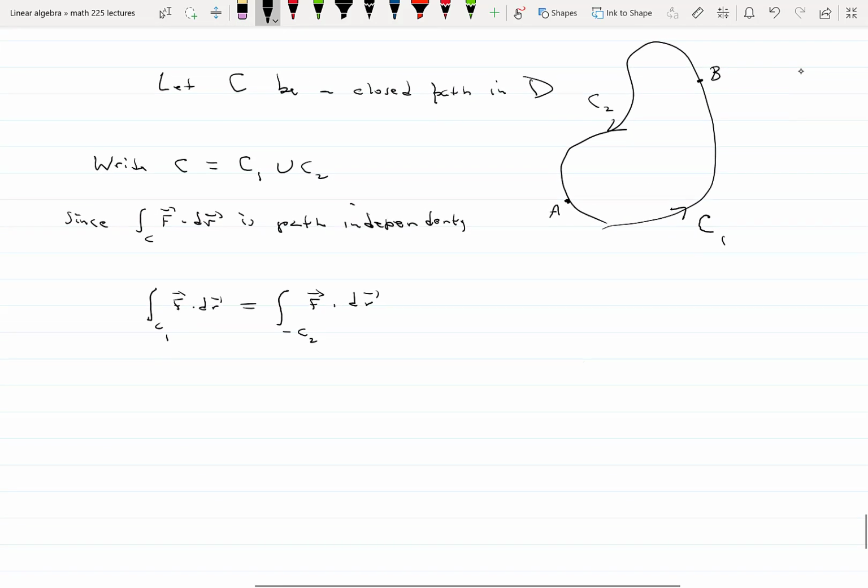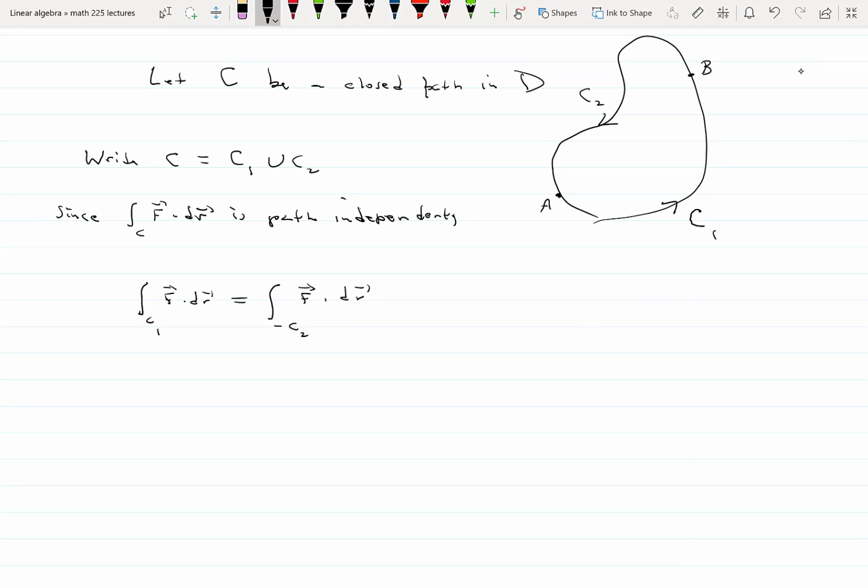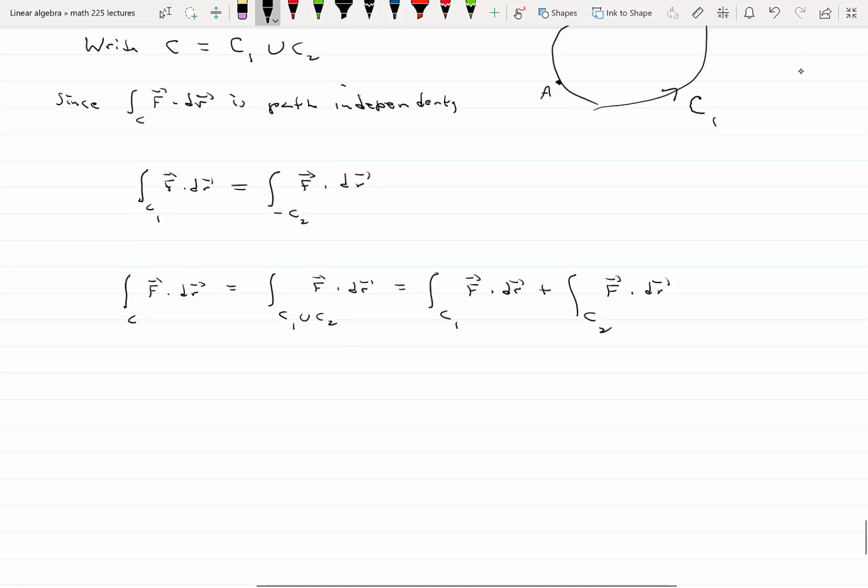So now let's show the integral along the entire curve C is 0. So that's the integral along C of f dot dr equals, well, the integral along C is now the integral along C1 union C2 of f dot dr. And we discussed the definition of the integral along different portions of a curve. It's the integral along the first portion, f dot dr, plus the integral along the second portion, f dot dr. Okay, we're getting there.